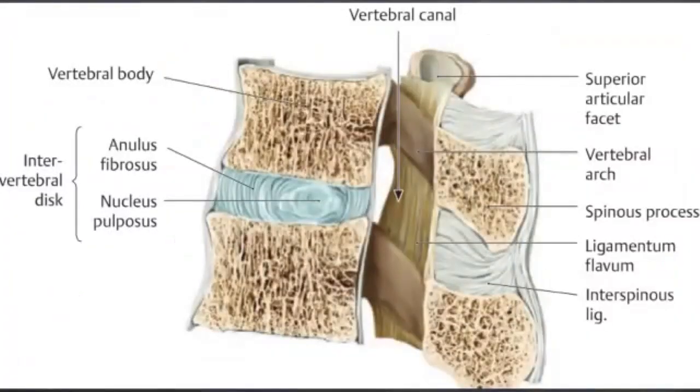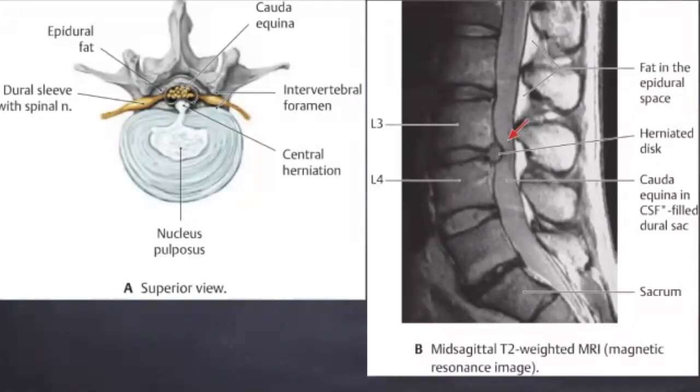You see, this is the intervertebral disc. If it herniates into this, this is the vertebral canal, and this is the intervertebral foramina where the spinal nerve emerges. You see, this is central. There are variations in the herniation.